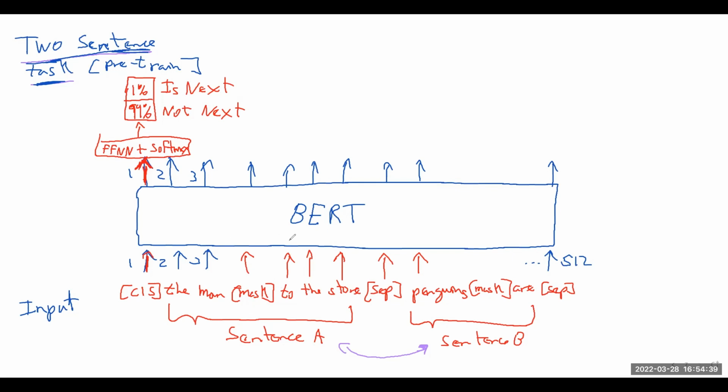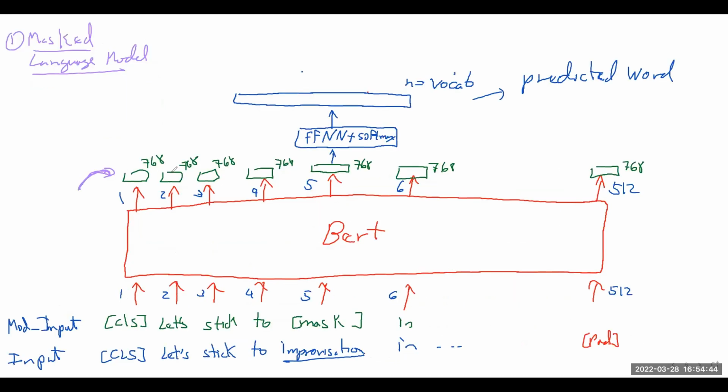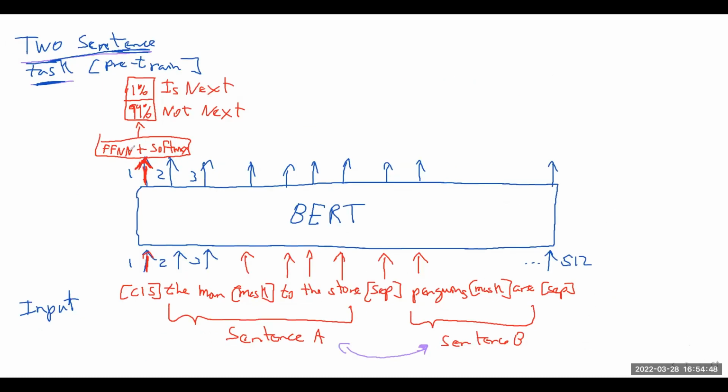The point is, when you pre-train BERT, initially you can pre-train it on the masked language problem of predicting the words, and also on predicting that two sentences are next to each other or not. And the original BERT transformer was built entirely on these two tasks or objectives.